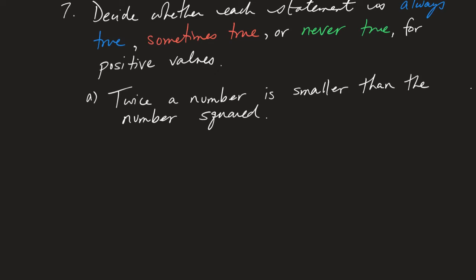And you have to try to decide, okay, is that statement always true, sometimes true, or never true? The only possible values that those numbers could be have to be positive. We're not including any negative numbers. Okay, what I want you to do is pause the video, give this one a shot.